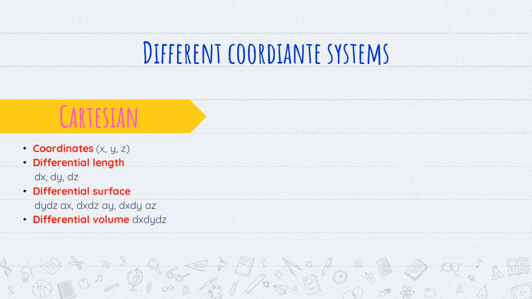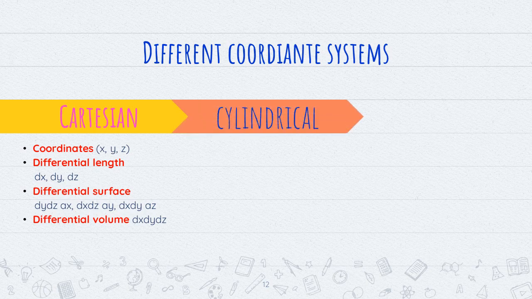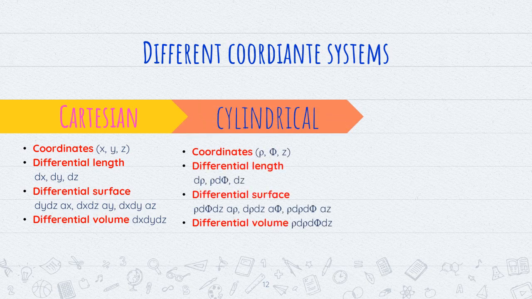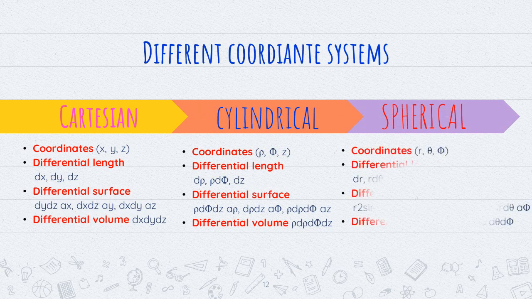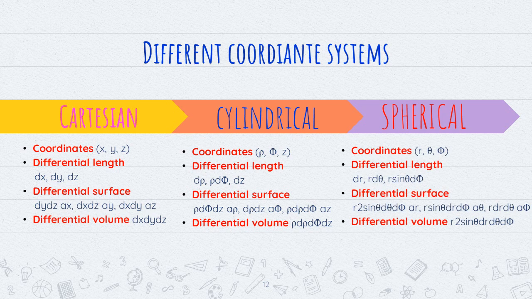Yes. Now let me conclude all three coordinate systems in this slide, so that it will be remembered by all of us. Let me quickly recap Cartesian and also cylindrical. For Cartesian, the coordinates are x, y, z.